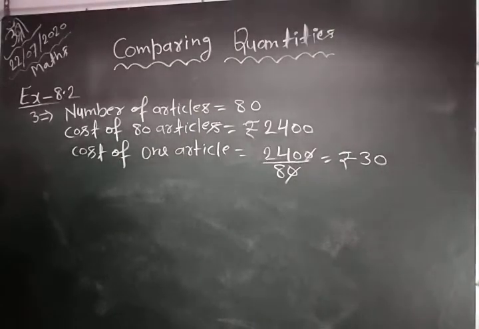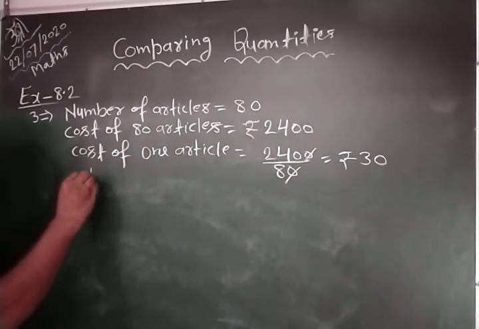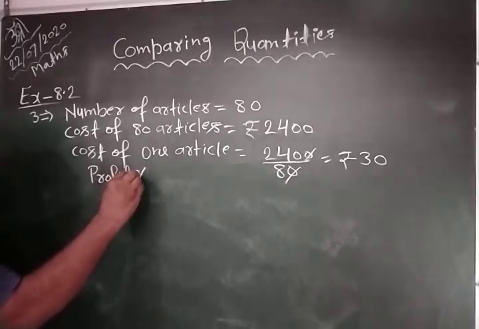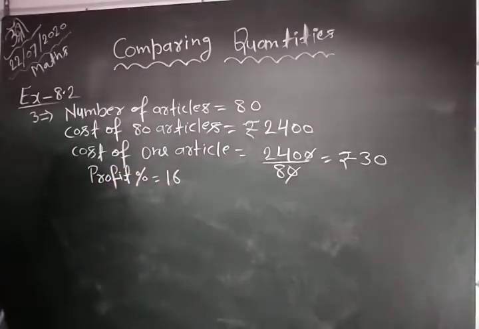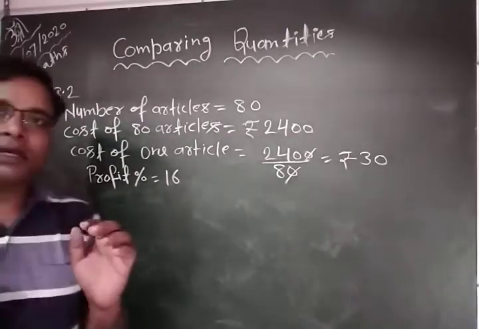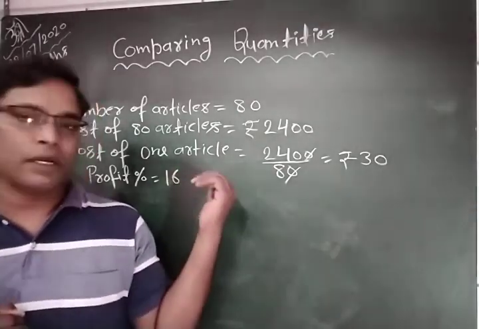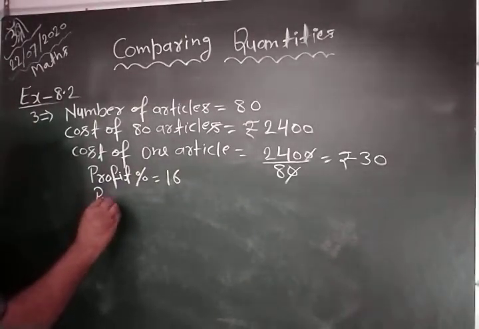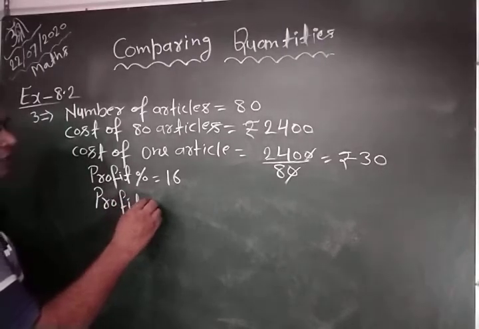Now, what is the profit percentage? So the profit percentage is given here. Profit percentage is equal to 16%. Okay. So you find profit. We always find profit on cost price. So profit is equal to the profit of one article. Okay.